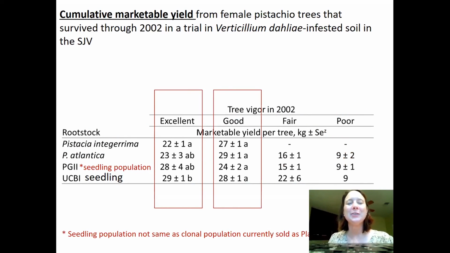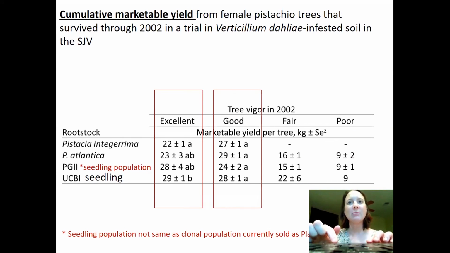At the end of the day, the most important concept from a grower might be what's the cumulative marketable yield from these trees. So one of these rootstock plots allowed us to look at the yield from female trees that survived through 2002 in a trial that was in a verticillium infested soil in the San Joaquin Valley.